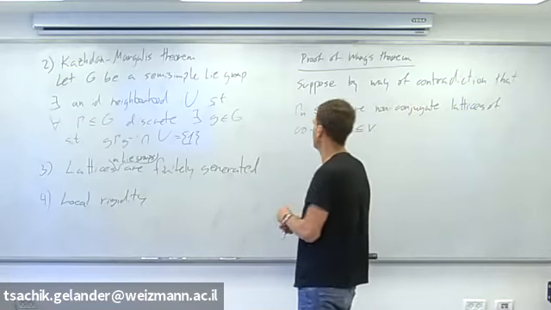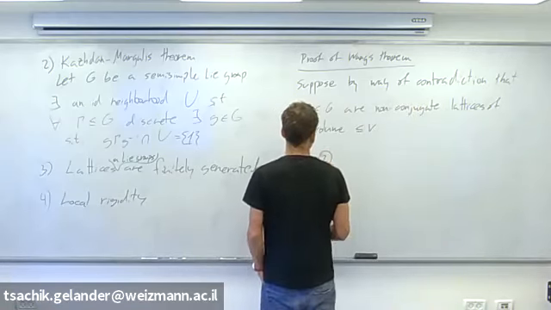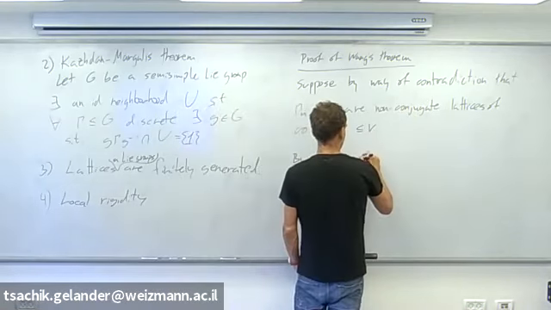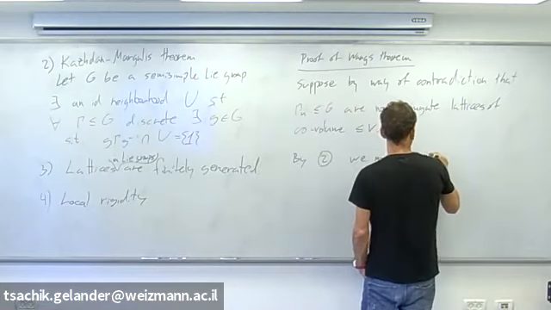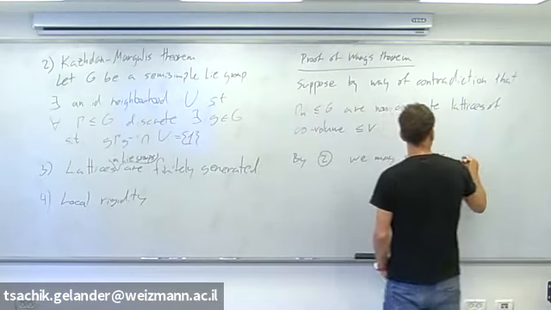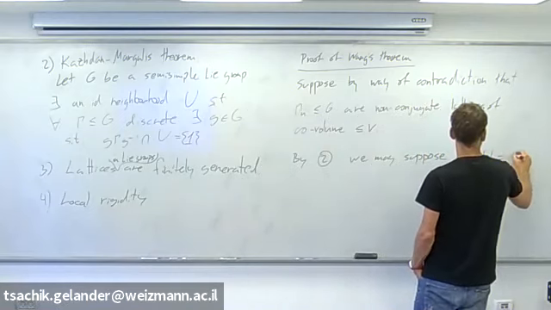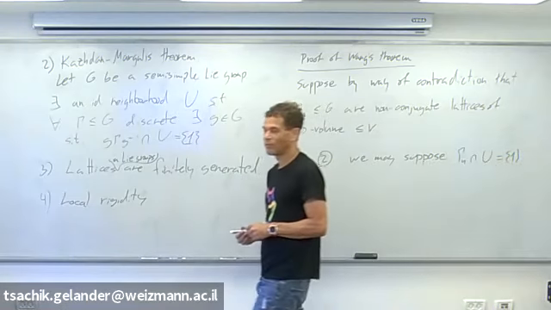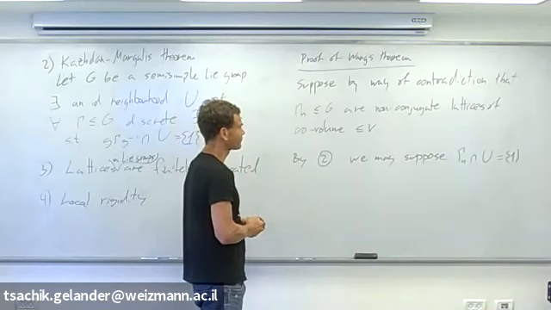By Kazhdan–Margulis, by item 2, we may suppose that Gamma_n intersect U trivially. I can replace it by some conjugate such that it's trivial.